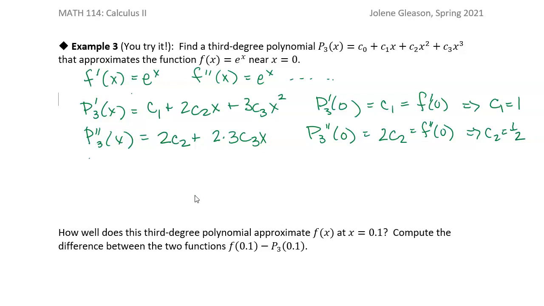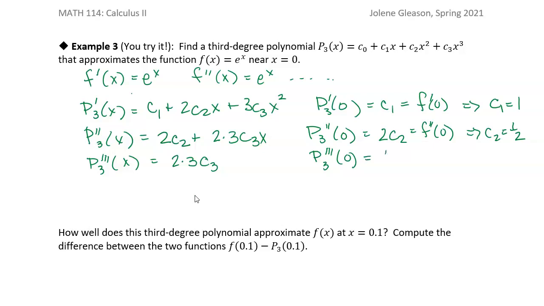So let's go on and look at the third derivative. We want the third derivatives to match as well. So take the derivative of the second derivative. We get the third derivative. 2c2 is a constant, so that goes away. And so we have 2 times 3c3. Now we want that to match the third derivative of the actual e to the x function at 0.